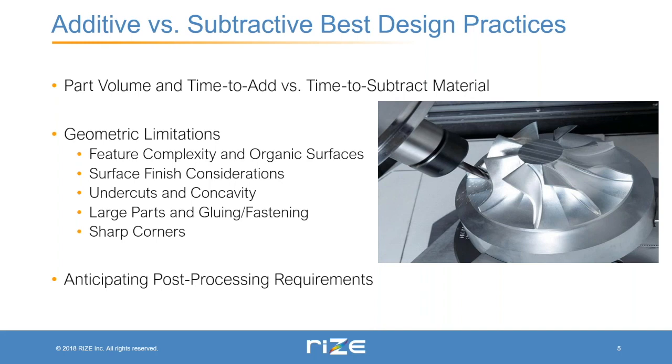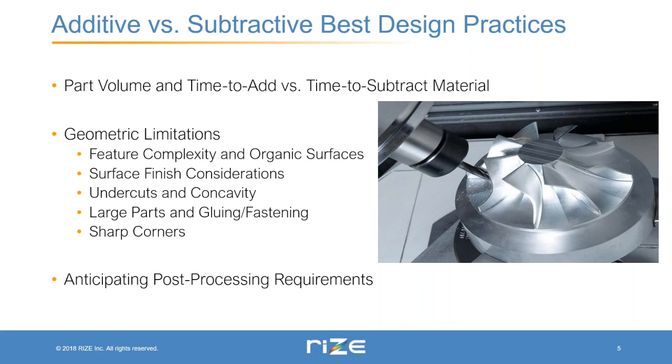So some of the geometric limitations associated with the two processes include feature complexity and organic surfaces. So there is not a lot of limitation on the amount of complexity that you can produce using additive manufacturing, because you are creating a part from an empty plate.